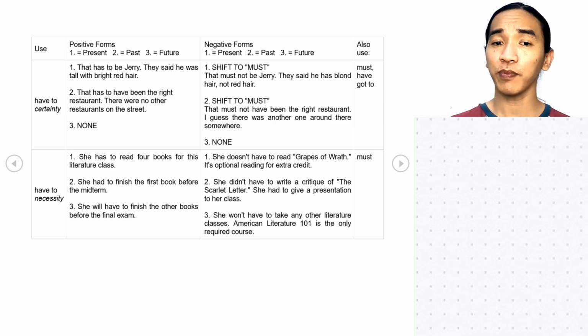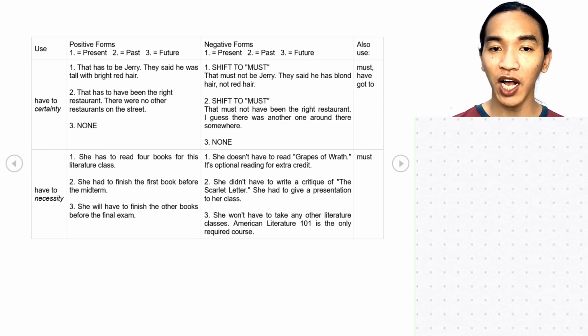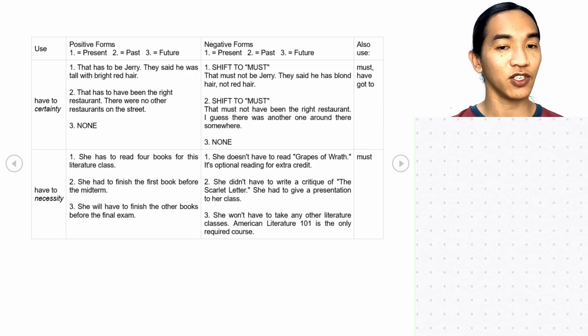Okay, for the present form, we have that has to be Jerry, I'm sure. They said he was tall with bright red hair. Okay, so you're describing the person. That's why you're showing or telling that you are sure. That has to be Jerry.